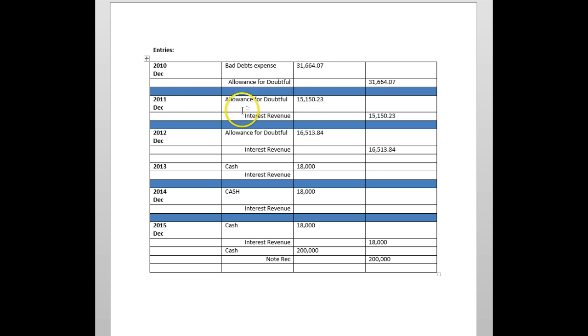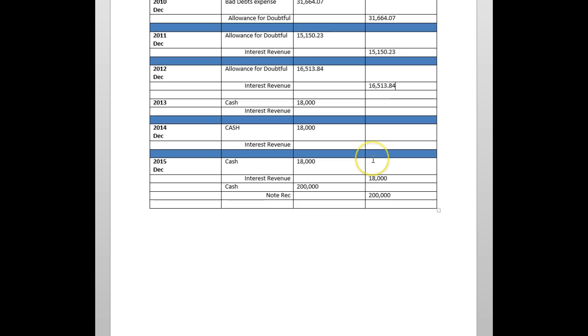But now, what's happening? You're balancing that. If you add these two together, they come up to that bad debts expense. So these two revenues that are being recorded in the year that they occur are actually being removed because of the bad debts expense here. And you're taking down the allowance account. So now you've got a zero amount in the allowance account, and you have your bad debts taken care of, and you're still recording the revenue as required.